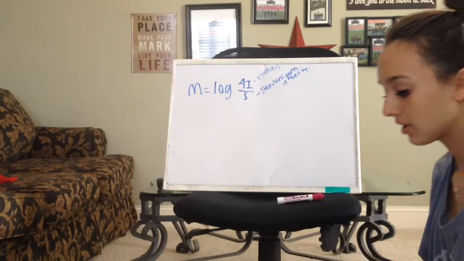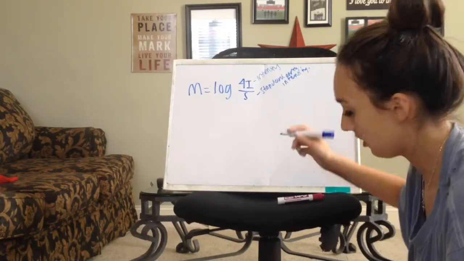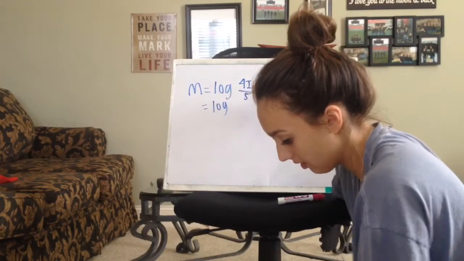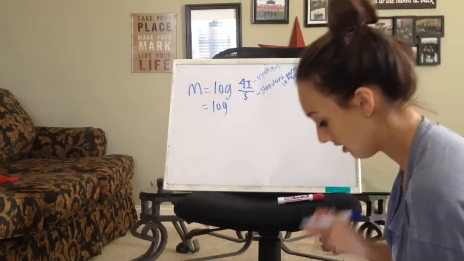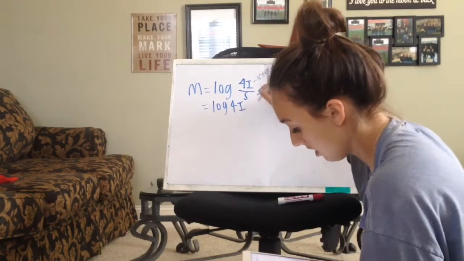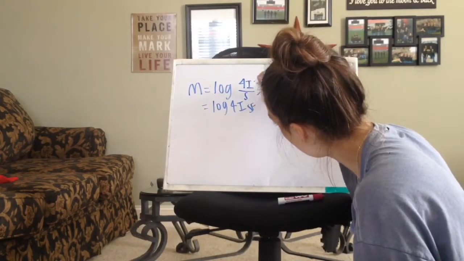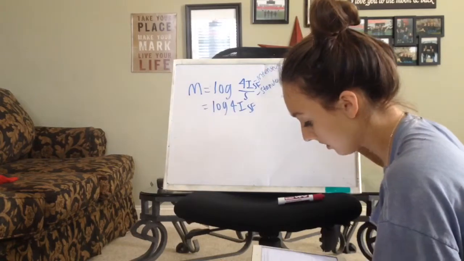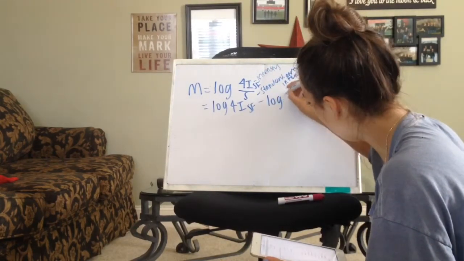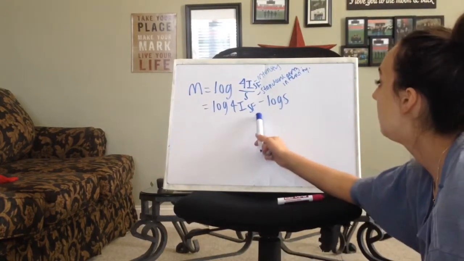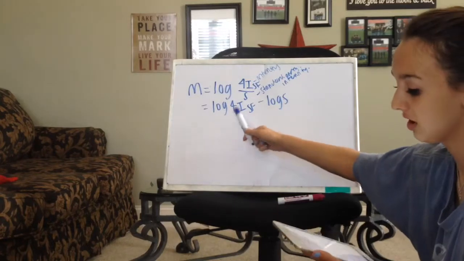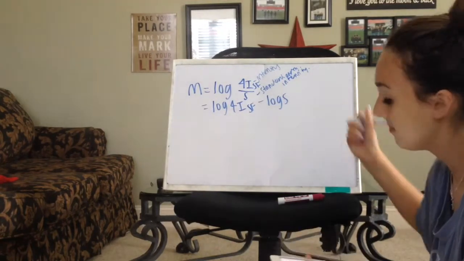After you do that, you're going to put it equals log of 4 I SF minus log of S. SF is San Francisco, because it was 4 times as strong as the one in South America.